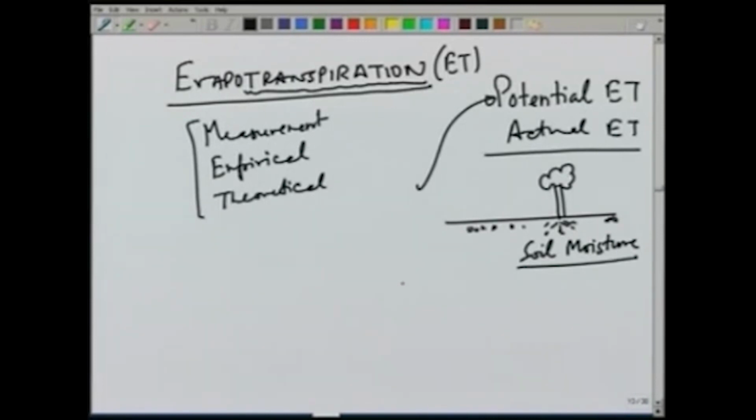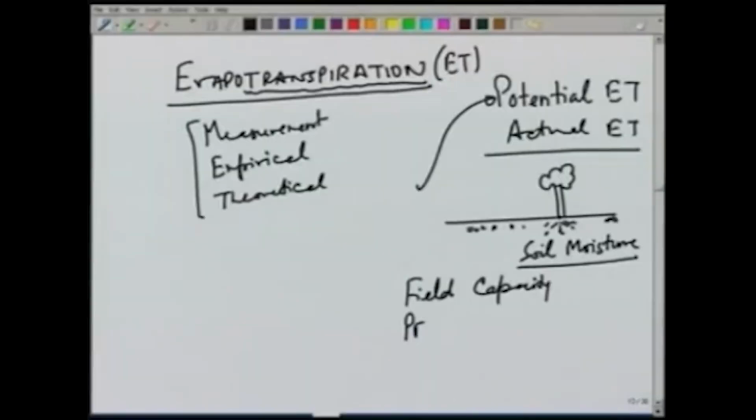And we have to define, so, in a soil we have looked at the terms field capacity, and there is another term related to the type of vegetation which we call permanent wilting point.